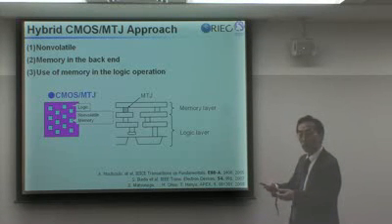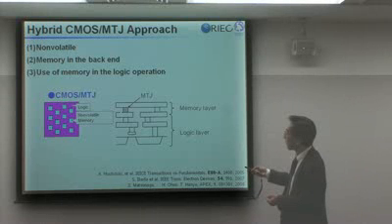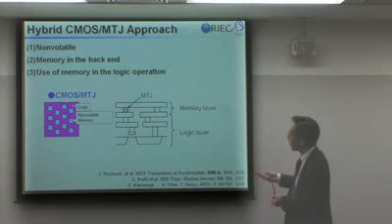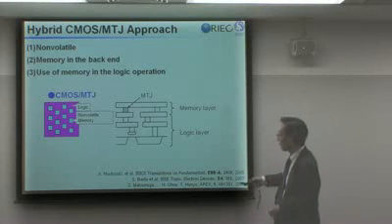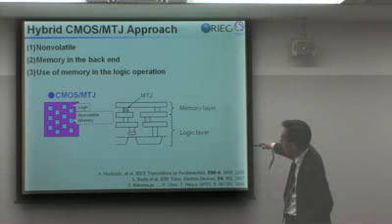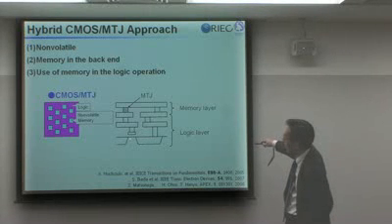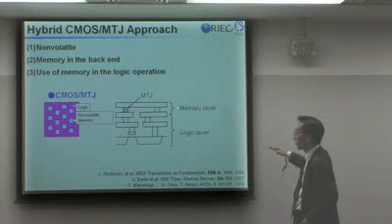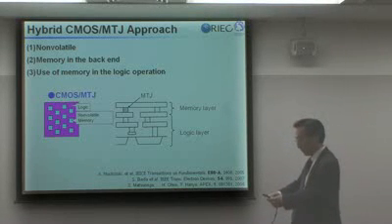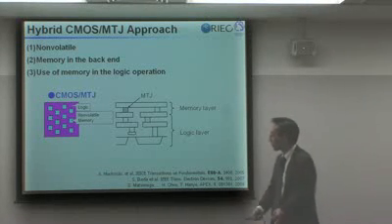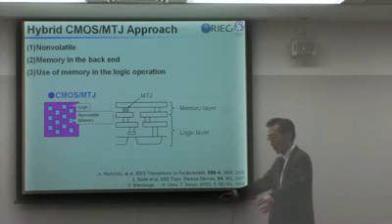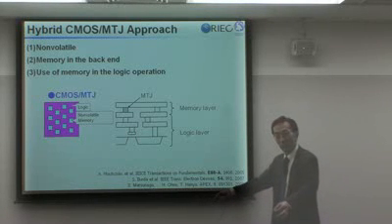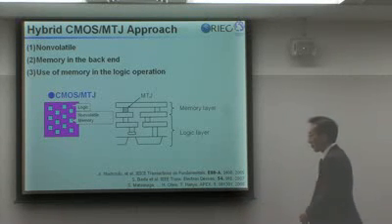And actually, we can put memories in the back end. This is a cross-section of an integrated circuit. This is your silicon surface. This is your transistor. And we have to have interconnect to connect transistors to other transistors.